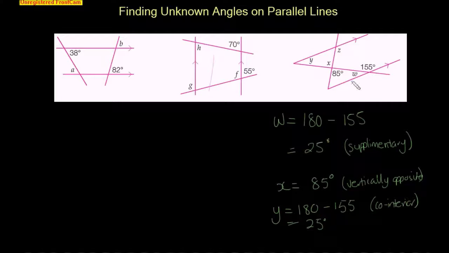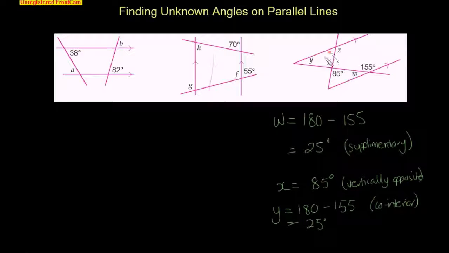So far we've got W, X, Y, and we need to find Z. So Z and Y aren't related in terms of the parallel lines and the transversal, because Z is forming an angle between this transversal line and the parallel line, where Y is forming a relationship with this other transversal line. But what we could do is work out what this angle is here, the darker colour.